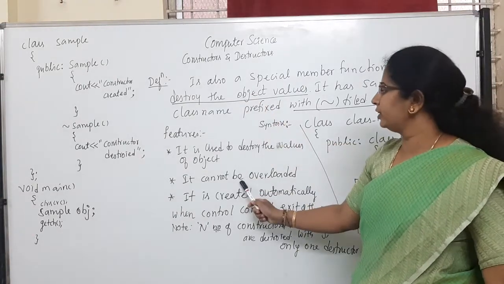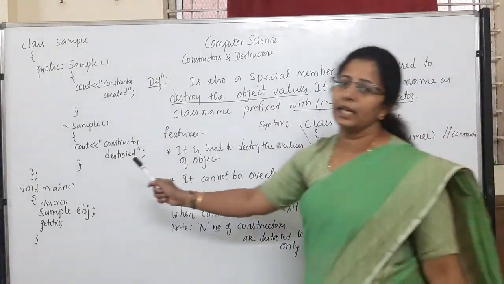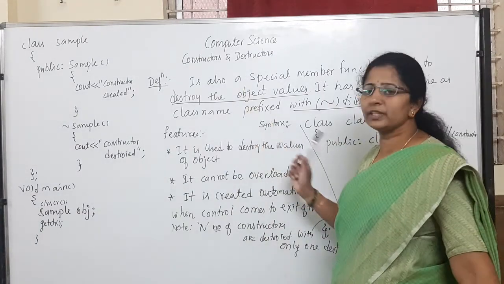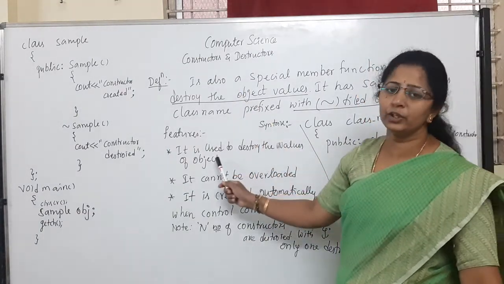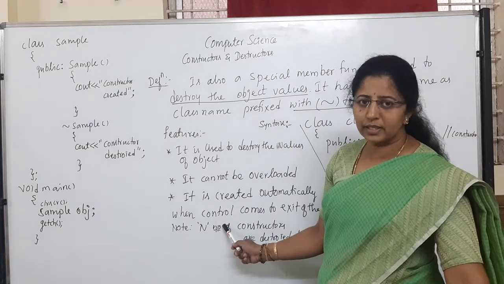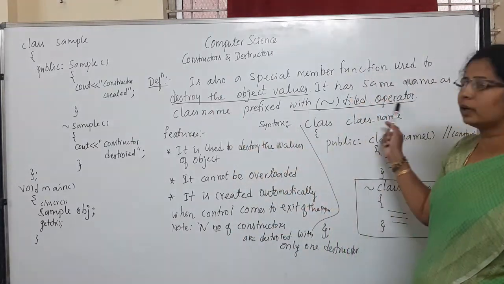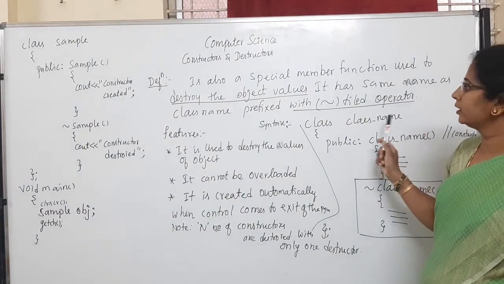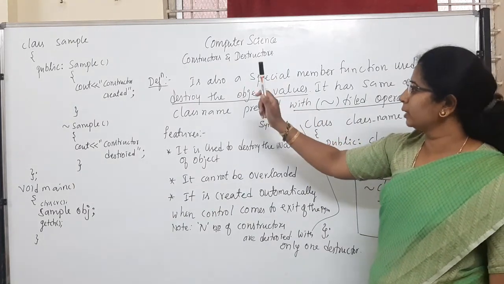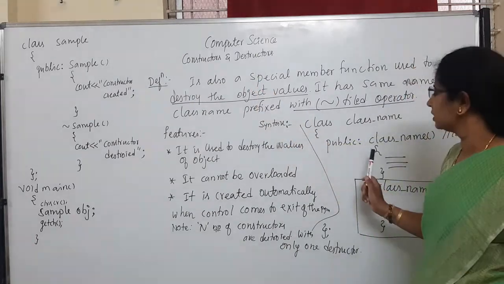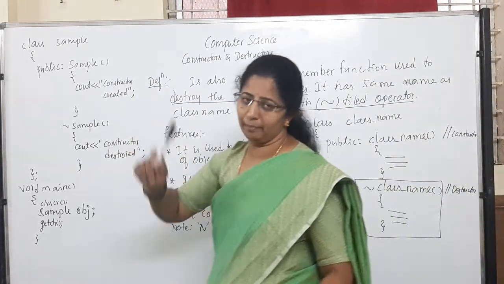Definition, features, syntax, example. For a 2 marks question: definition with the syntax, or give any 2 features of the destructor, or definition with the operator you are going to use, and another possibility, explain the destructor with the syntax and example.